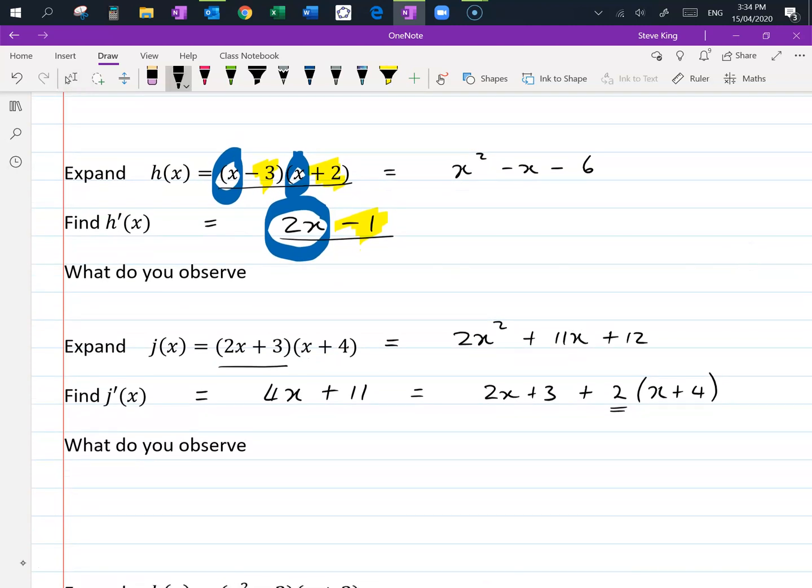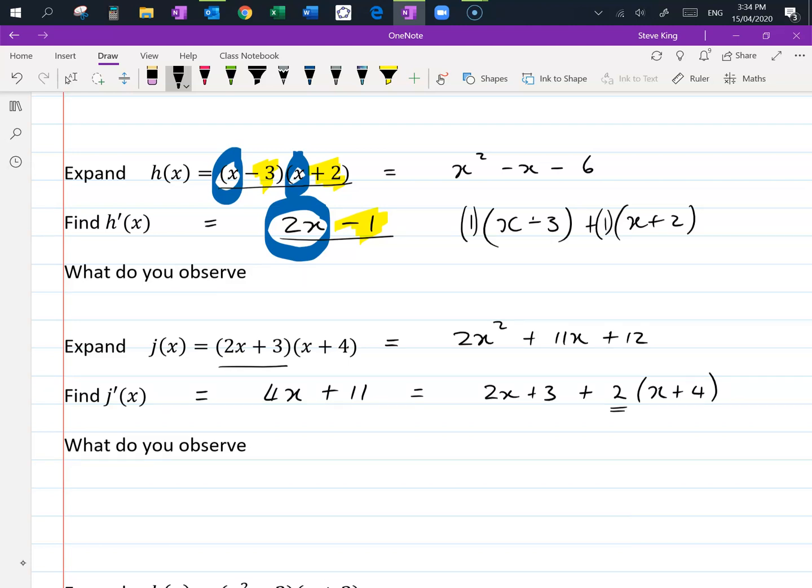Yes, I could say x minus 3 plus x plus 2 gives me my 2x minus 1. But in fact, I multiplied this bracket over here by 1, and I multiplied this bracket over here by 1. Why by 1?